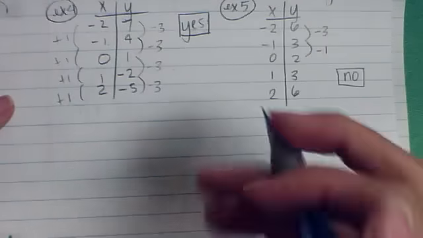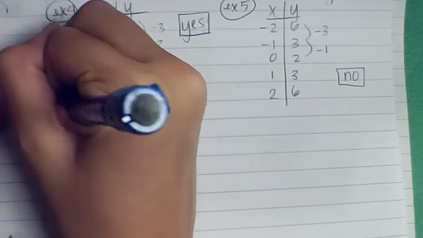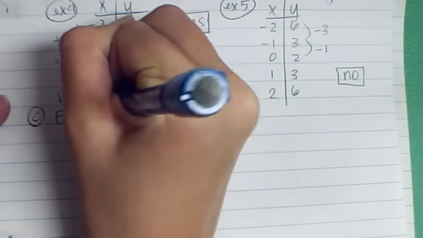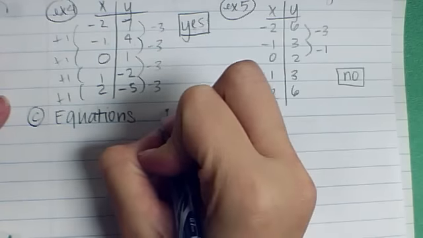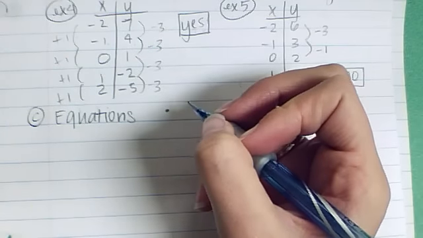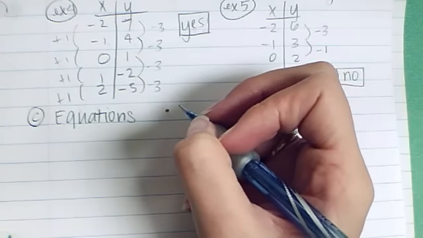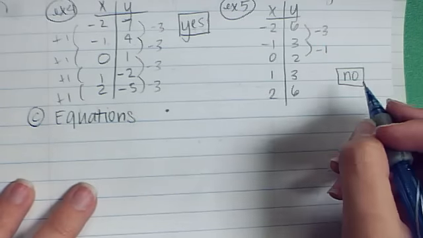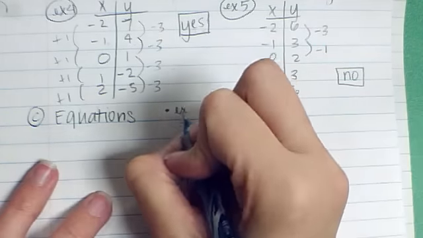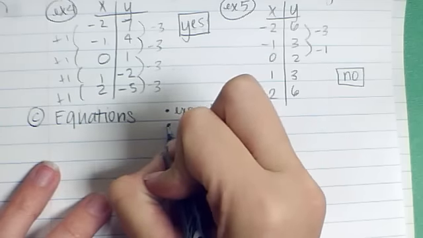The last thing we talked about was the equations and how we can tell by looking at an equation whether or not it is a linear function. Yesterday when you did the overview, you did quite a bit of work to copy that chart down from the book. So I'm not going to have you do that again, but let's just quickly review. For equations to be linear functions, the exponents have to equal 1.